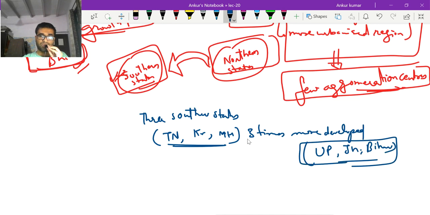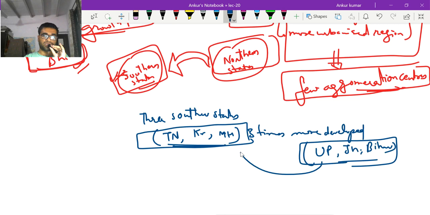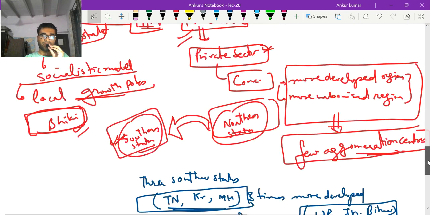So this kind of disparity led to the interstate migration, and it is not that this migration is happening only toward the southern states, but also from these states to the national capital NCR region and the Punjab Haryana belt as well. So this was the second type, right?